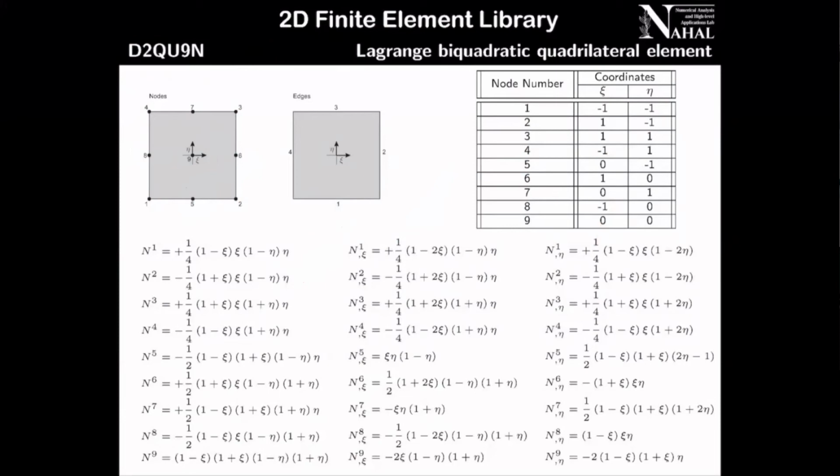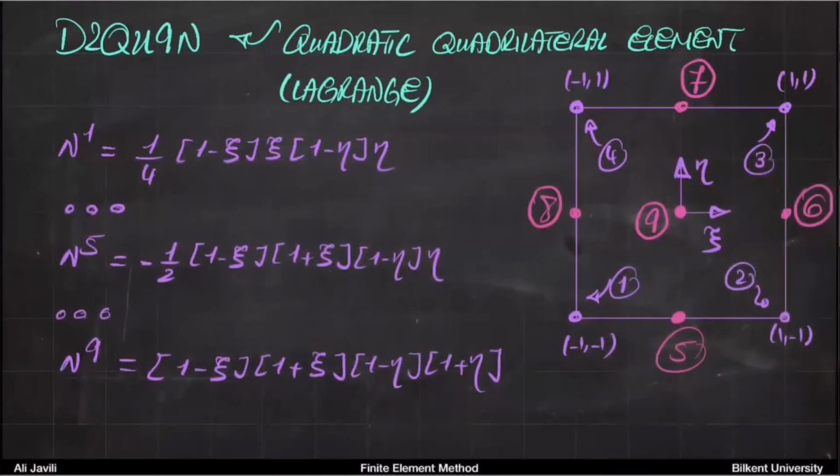Now the next one would be the 8-noded quadratic quadrilateral, and that one, because it's 8-noded, is called the serendipity quadratic quadrilateral element.